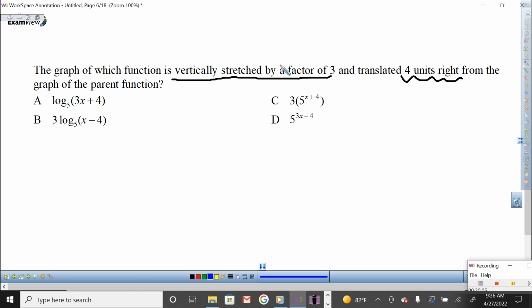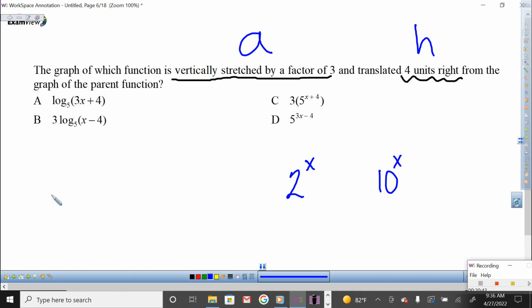All right, so vertical stretch, what parameter are they talking about? A is correct. How about units to the right? H. But now we have a dilemma. We have a log and we have an exponential option. We talked about exponentials, 2 to the x or 10 to the x.